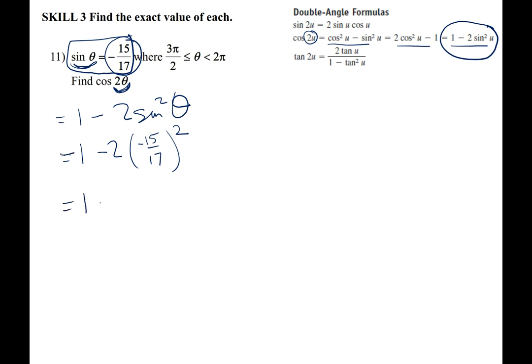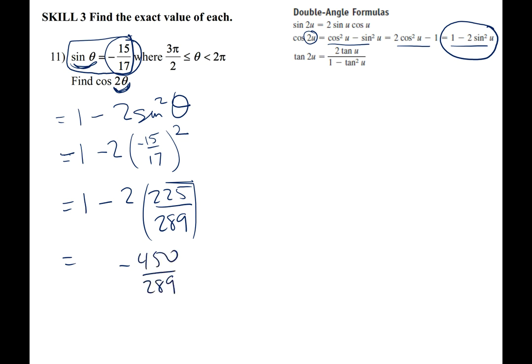So now we've got 1 minus 2. I need to square that. So I've got 225 over 289. And then I've got to multiply the 225 by 2. So 225 times 2 is 450 over 289.